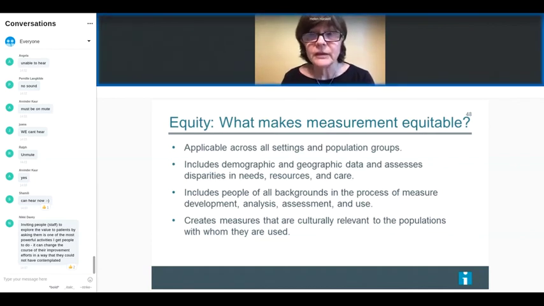This is a challenge, although people are certainly working on it. Measures also need to be developed that are specific to different settings and groups. And again, this can't be done without including the relevant populations, including people of diverse backgrounds, in measure development, to help ensure that the questions asked are both culturally and operationally relevant for the populations they're aimed at.